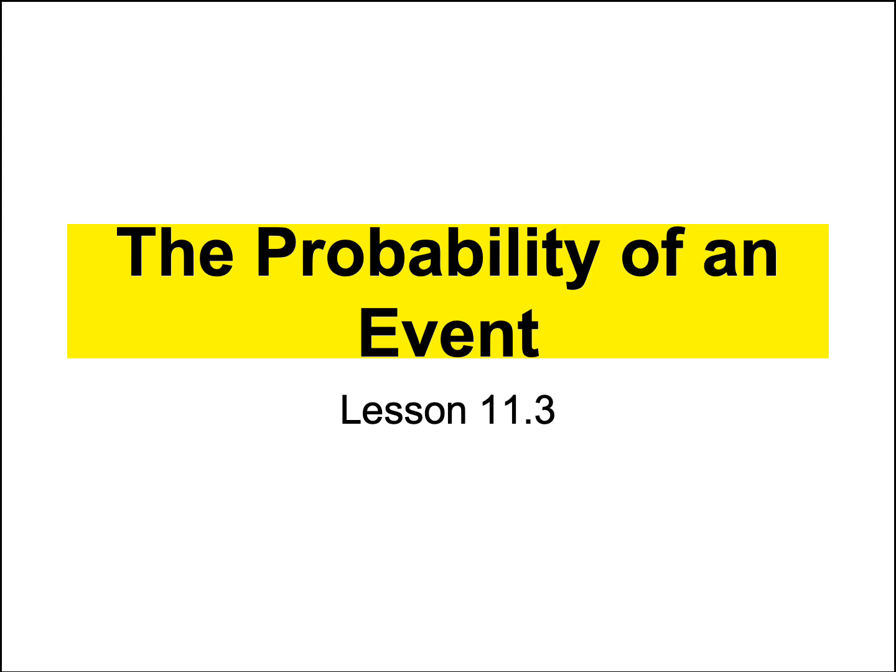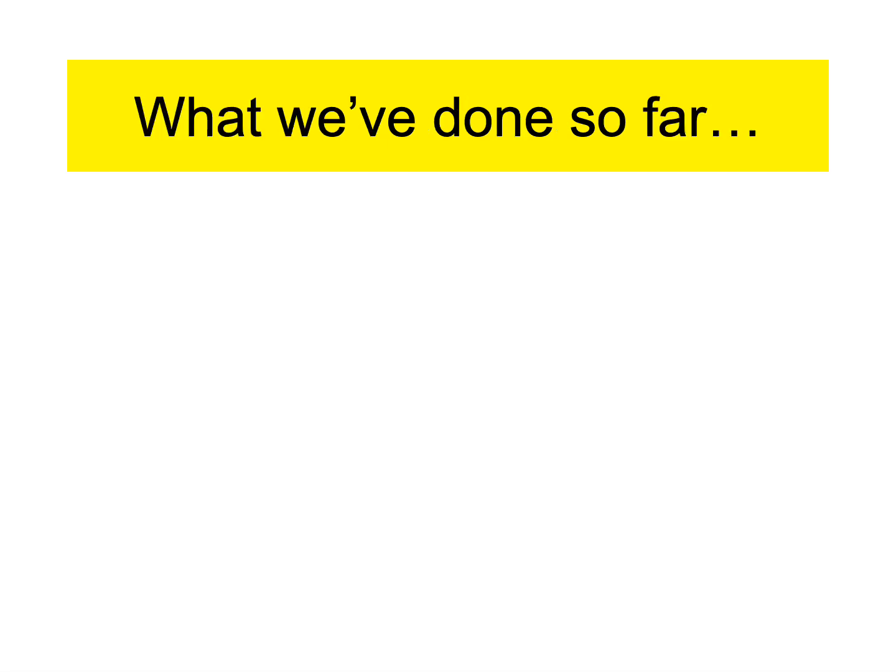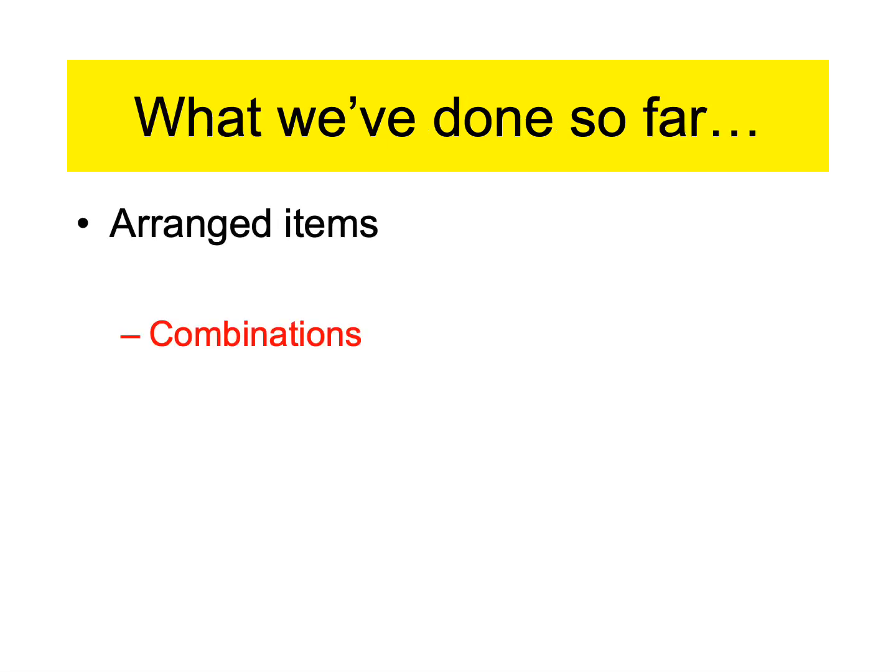All right, so this entire chapter deals with probability, and we're going to jump right in. So when we did combinations and permutations, remember we're talking about possible things that occur. How many different ways are there for something to occur? What we've done so far, we've arranged items 2 different ways. Last night we did combinations. Remember, combinations is the arrangement of things when order does not matter.